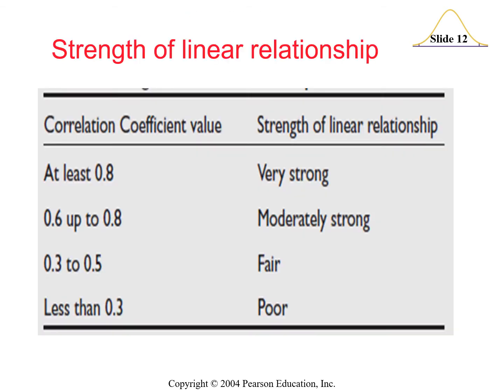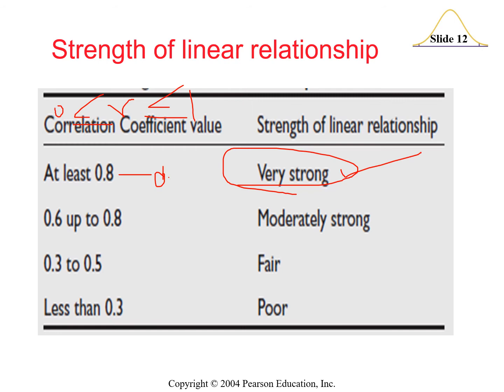This is a general guide for explanation of the value of r. Small r lies between -1 and 1, so it lies between 0 and 1, positive or negative. In general, if r is at least 0.8, up to 0.99 or so, we have very strong correlation.